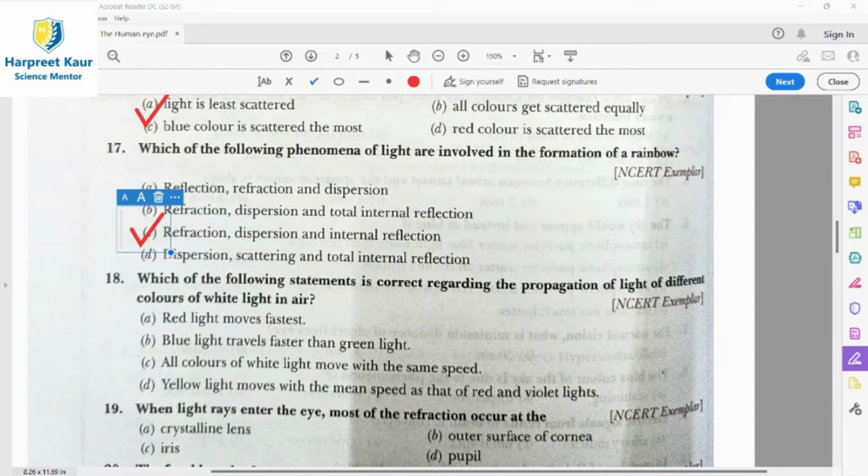Option A, red light moves fastest, B, blue light travels faster than green light. C is all colors of white light move with the same speed, and D is yellow light moves with the mean speed as that of red and violet lights. So answer here is option C, all colors of white light move with the same speed.